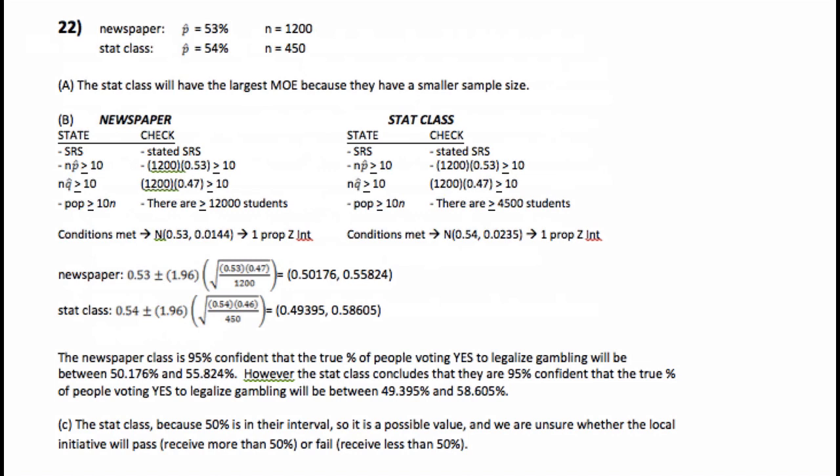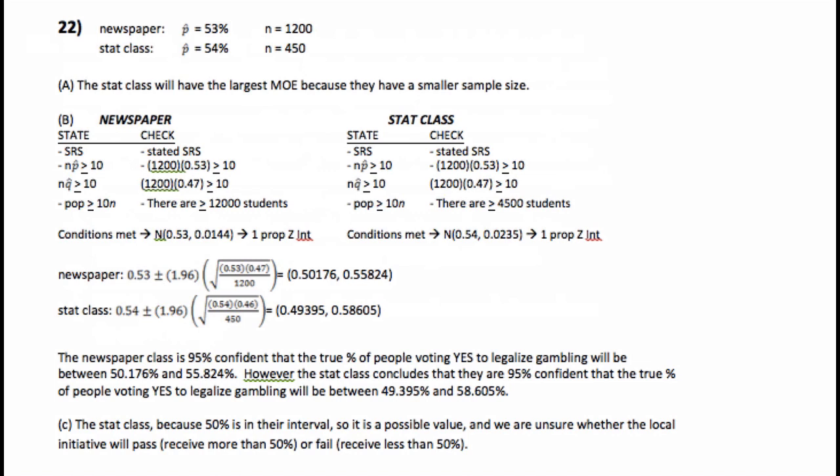This works out in both cases. My population has to be greater than 10 times n, that 10% condition. We can say that there are more than 12,000 students, and there are more than 4,500 students. Okay, so we can say conditions are met.